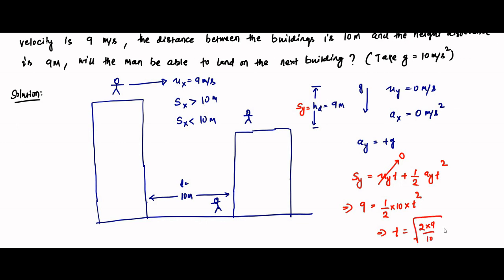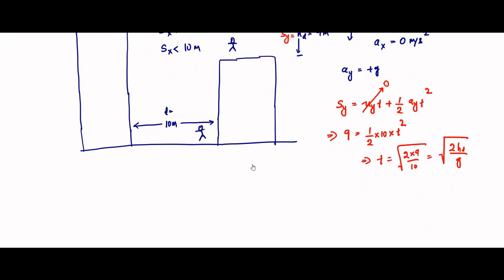This is nothing but the time of flight, root of 2 × height difference by g. So this is coming around root 18/10, which is 1.34 seconds. This is the time of flight of the man as he jumps from one building to the other.